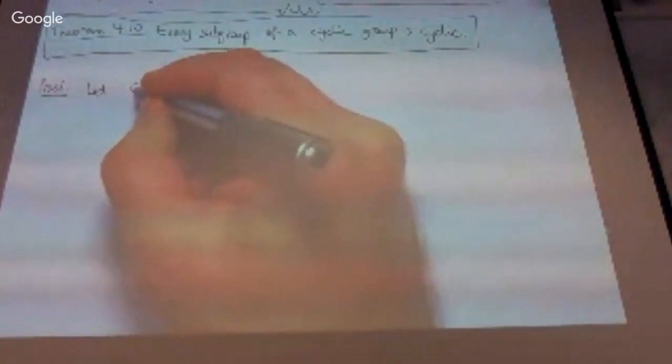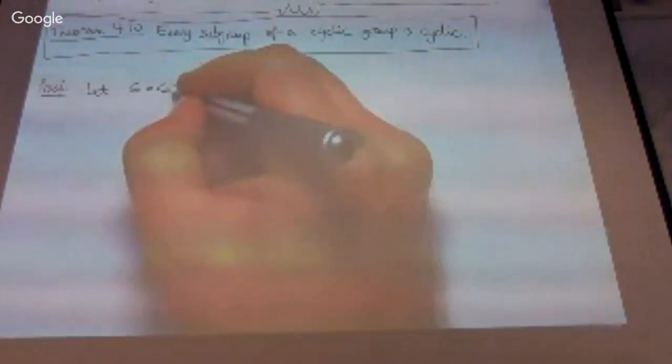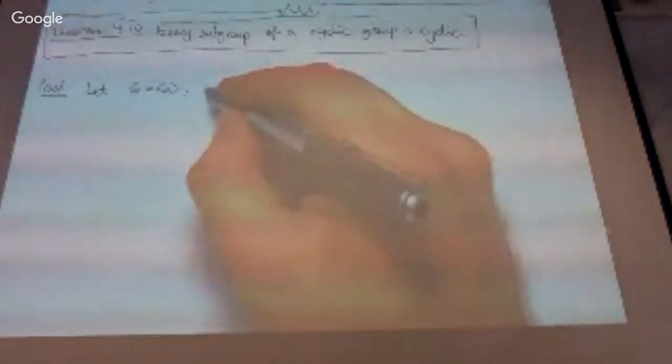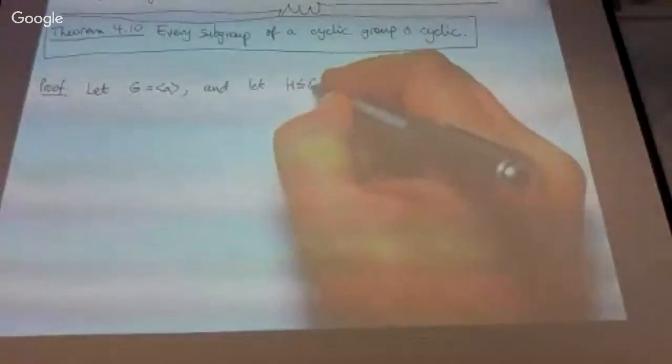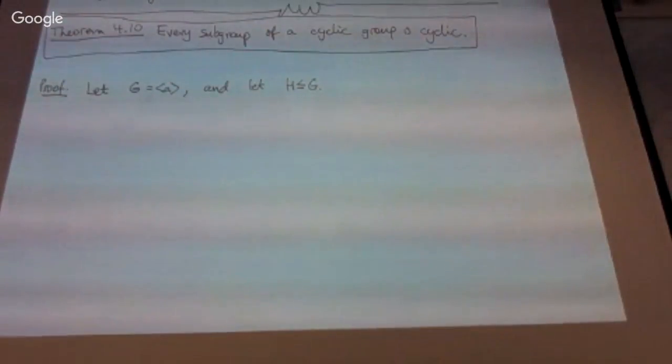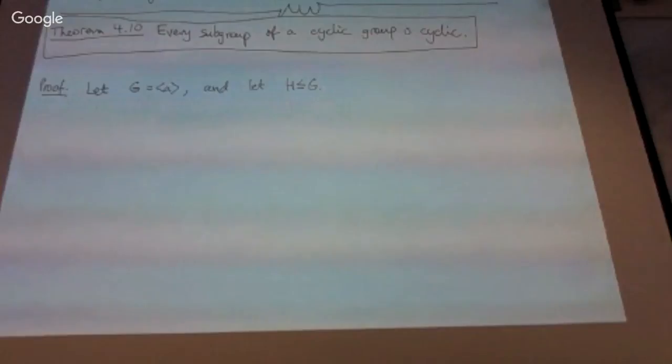So what we need to prove is that we have a cyclic group G and we have a subgroup H of G, and we want to prove that this H is also cyclic. That's the whole idea. That's what the theorem is telling us.